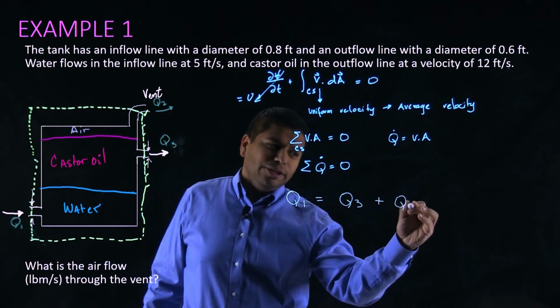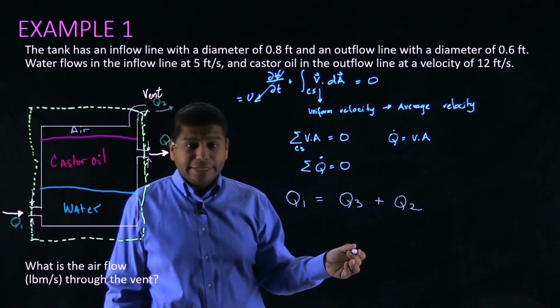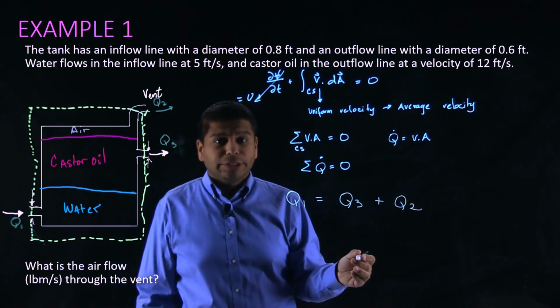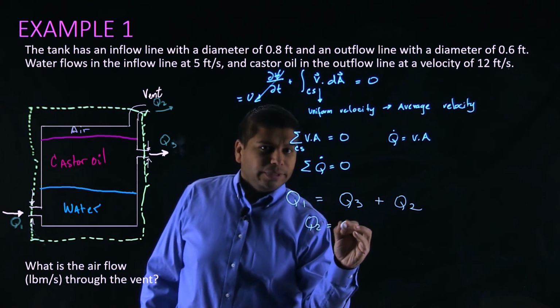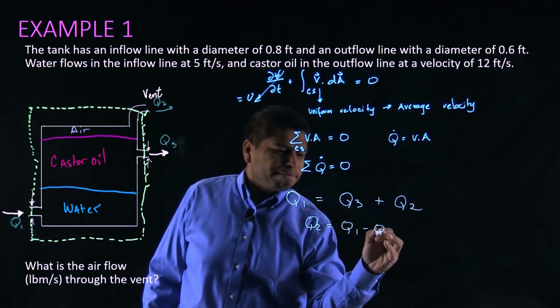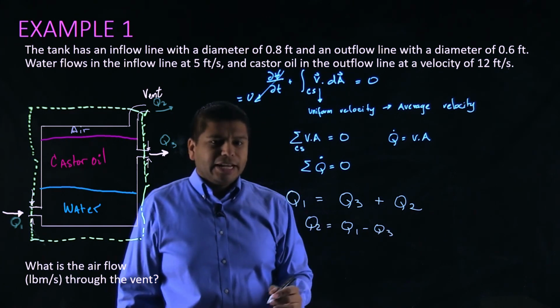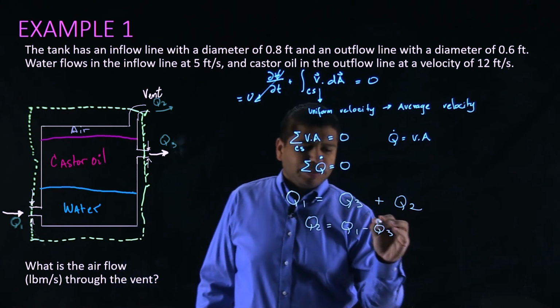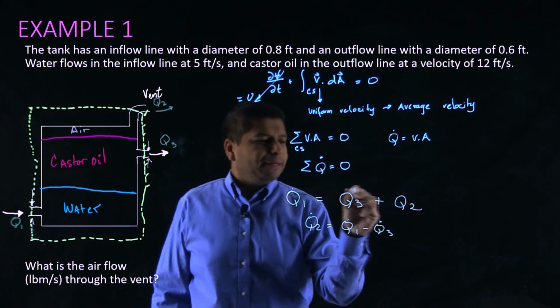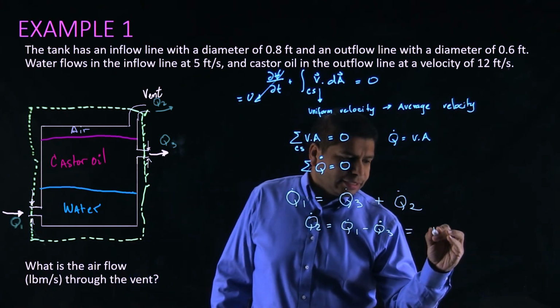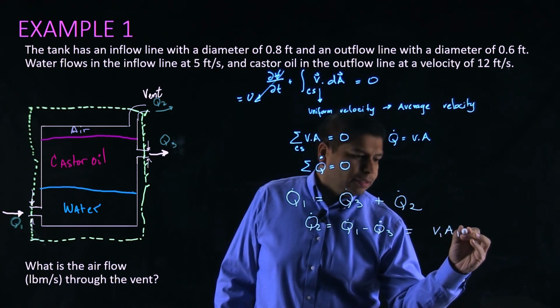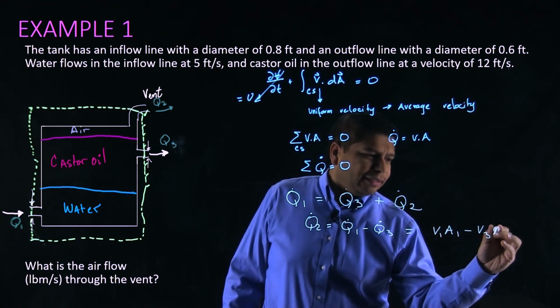We don't know that yet, but that is what we are going to assume. So we get Q2 equals Q1 minus Q3. Since the problem is not giving us the specific volumetric flow rates, we can estimate this as V1A1 minus V3A3.